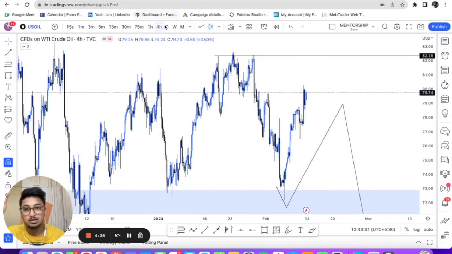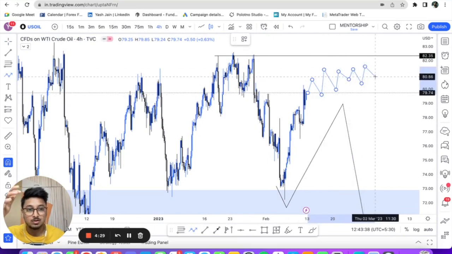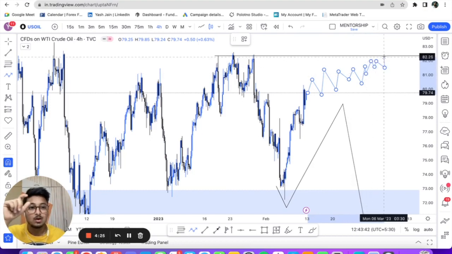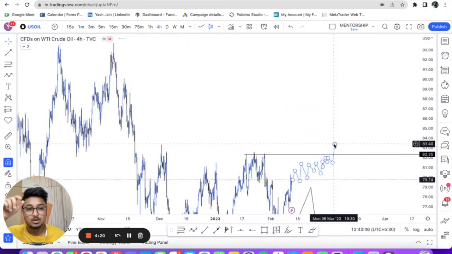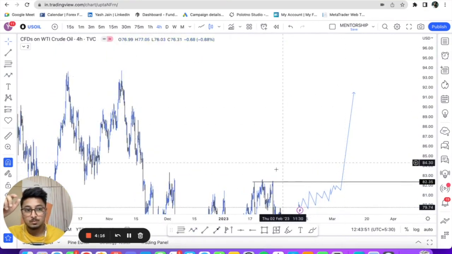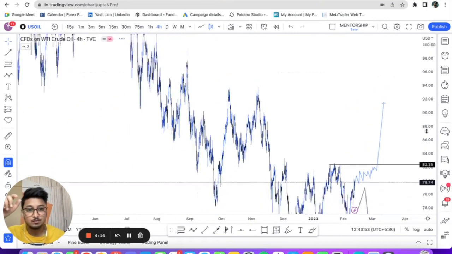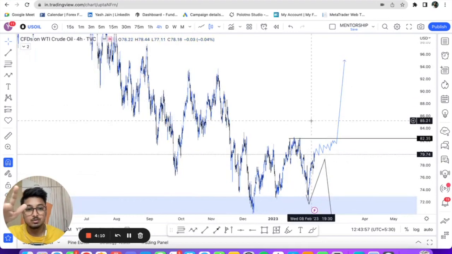So in my opinion, if we spend some good time over here, if we start compressing over here, with smaller candles in size and your swing lows becoming lower and lower, you can expect a nice bullish momentum up till maybe even about 94, 95, to be honest. If this happens, we can go that bullish.